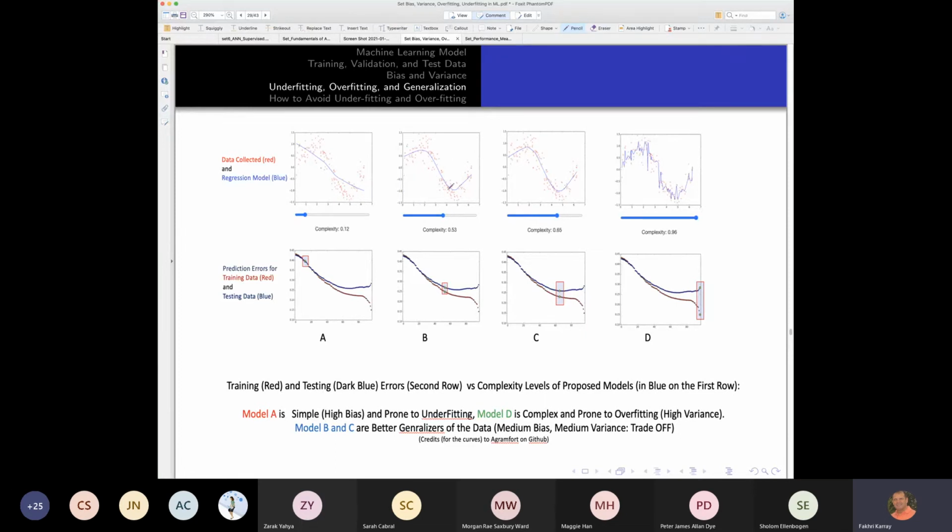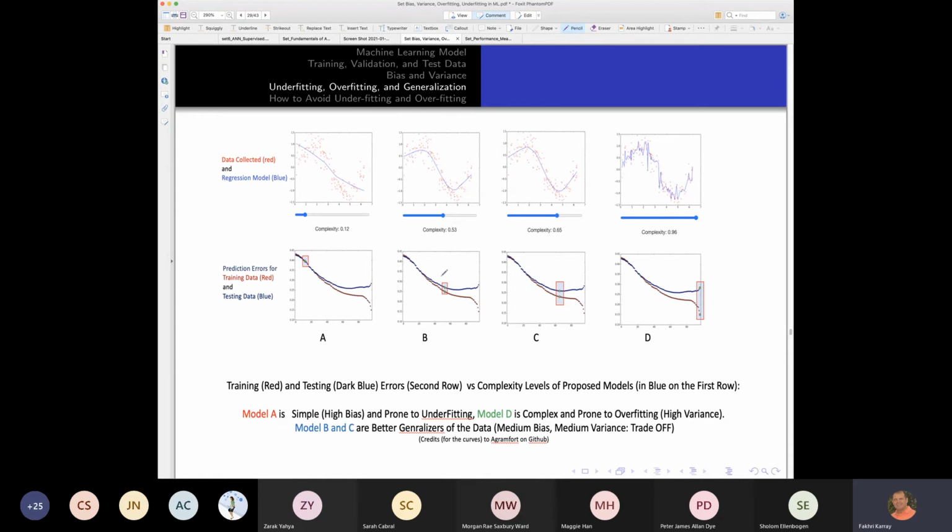Let's look at the error. The blue is the testing, the red is the training data. Here we are located in this particular area, with a very high level of error. This is a bad system. Let's look at complexity 0.53. You see that we have improved the description of the model.